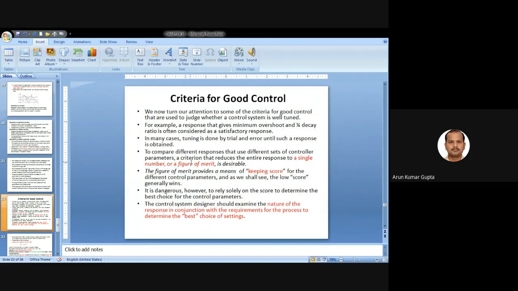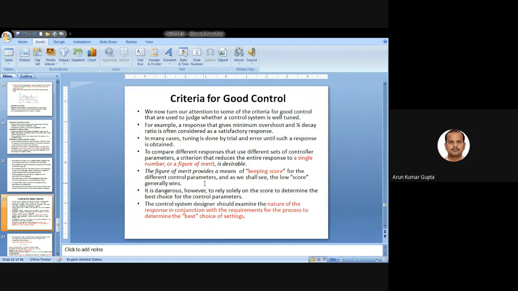If we know the figure of merit, we will try to keep the entire process within that range. The figure of merit provides a means of keeping score for the different control parameters, and generally the low score wins. So we will see the effect of the other parameters and try to achieve a particular number.